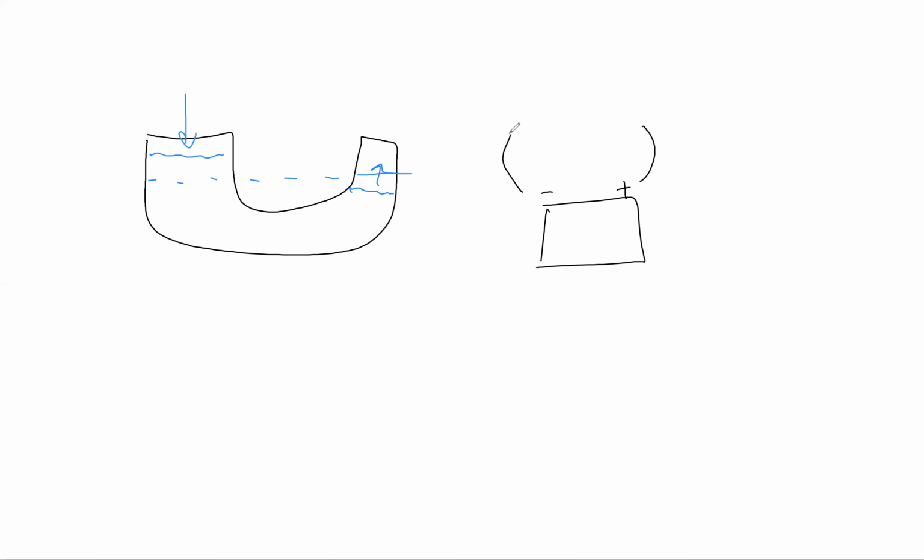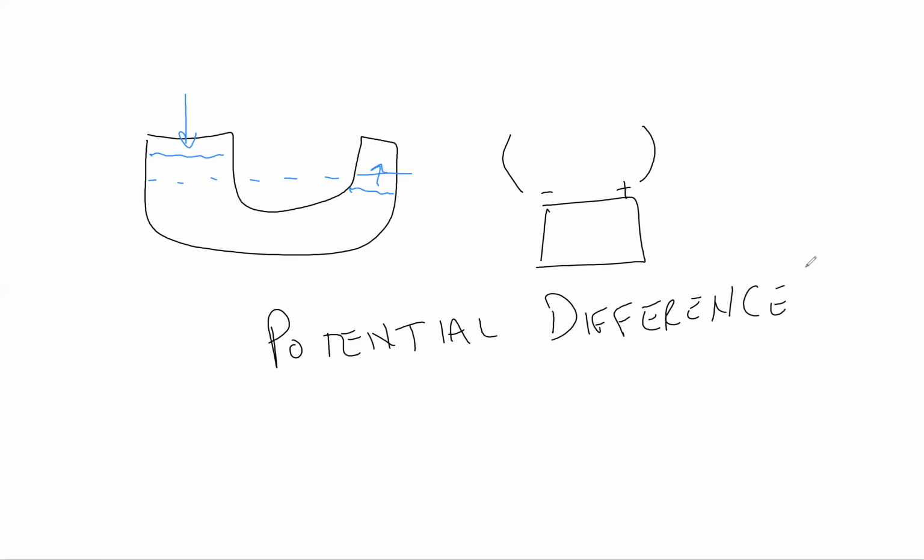But as long as there is what we call a potential difference, because remember yesterday we talked about potential, if there is a difference in the potential of one and the potential of the other, then we will get a flow of electricity.